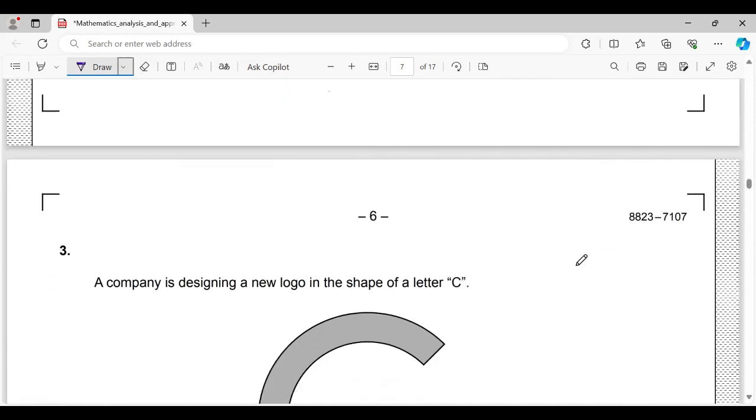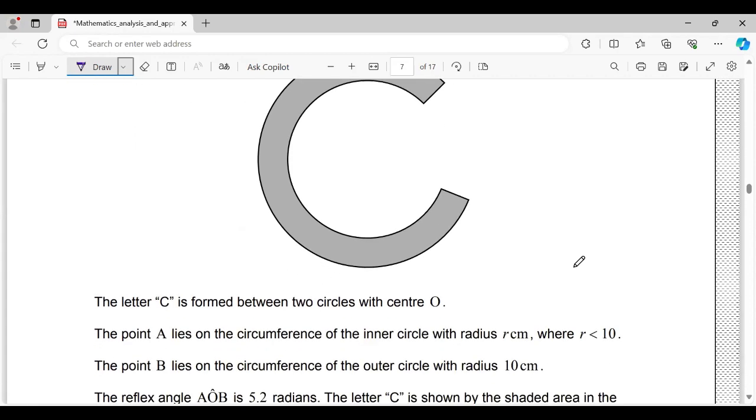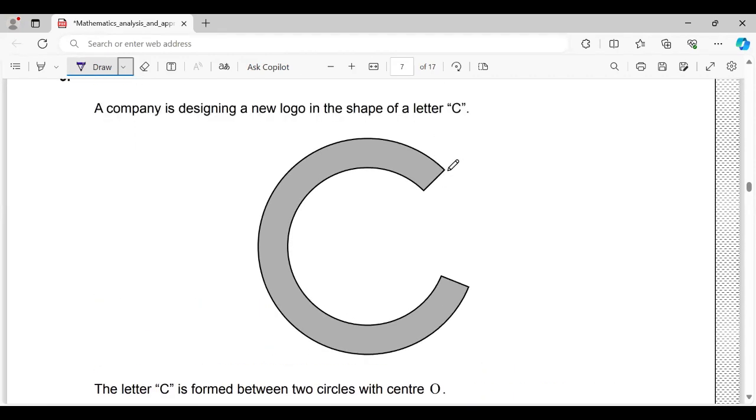Okay. 3A. A company is designing a new logo in the shape of the letter C. The letter C is formed between two circles with center O. So there are two circles, this is the first one, and the second one inside, and the center here.